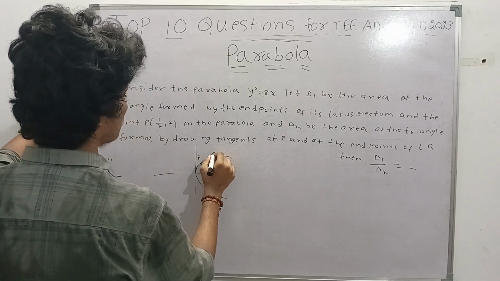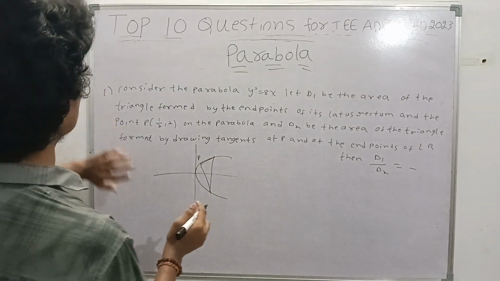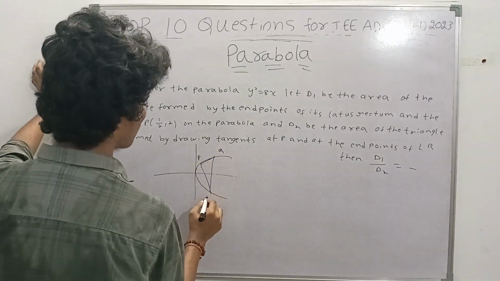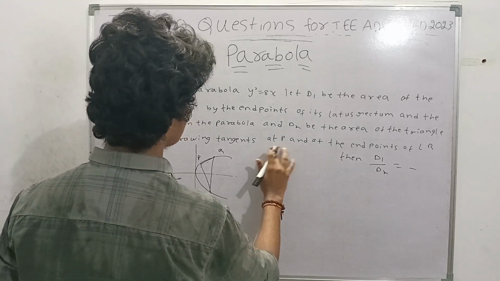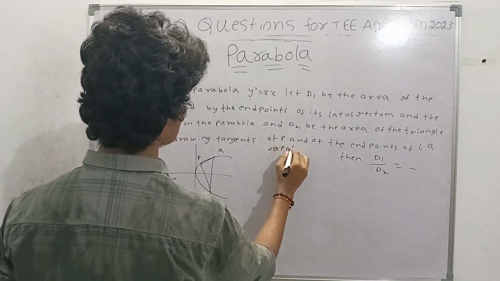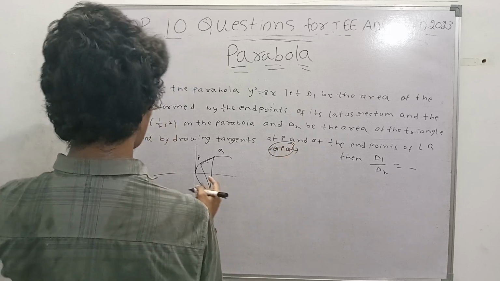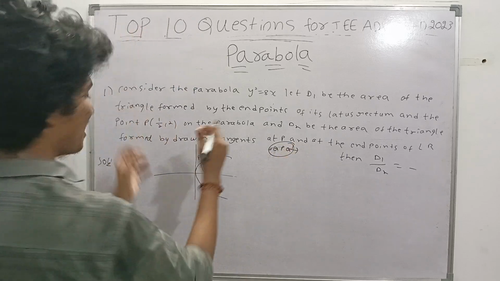Suppose you can take the latus rectum points as Q and Q dash, and this triangle Q P Q dash is formed by taking the endpoints.